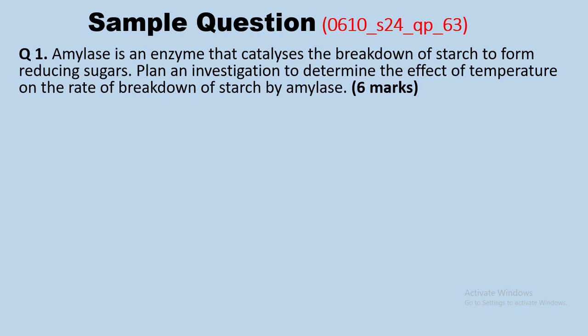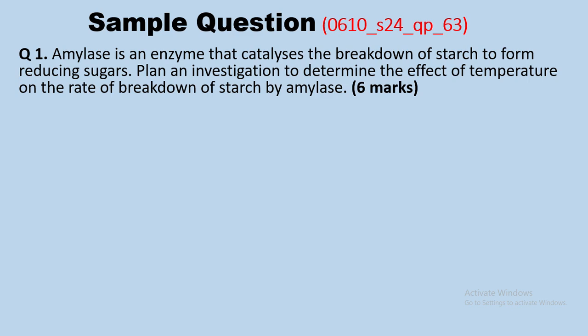Now, from the title of an experiment, you can easily determine the independent as well as the dependent variable. They are usually well represented in the title. The first factor they usually mention in the title is the independent variable, and the second one is the dependent variable.